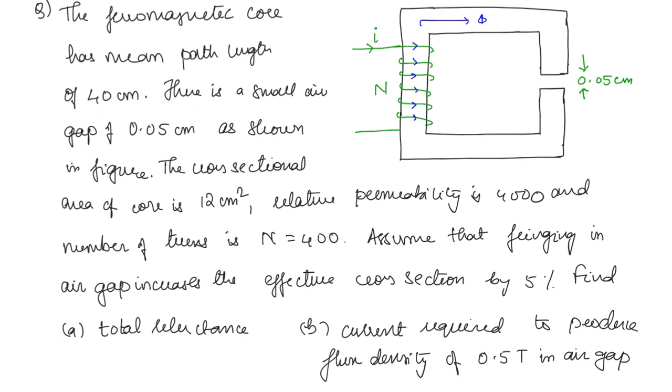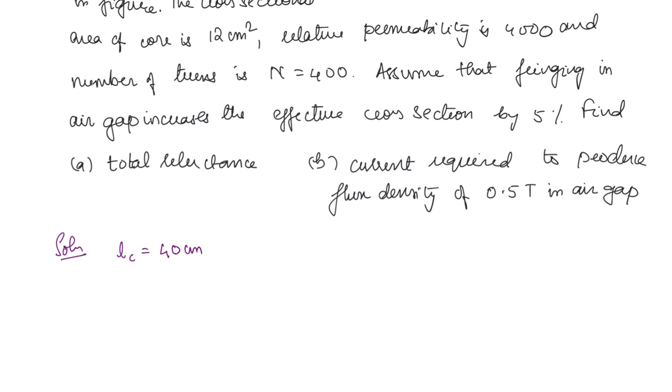Next, this air gap width is given as 0.05 centimeters. So we will take that as Lg is equal to 0.05 centimeters. And the cross-sectional area of the core is 12 centimeters squared. And the relative permeability, that means mu r is equal to 4000, and the number of turns is 400.